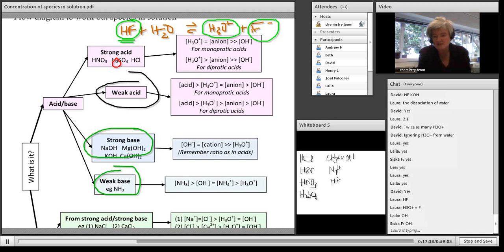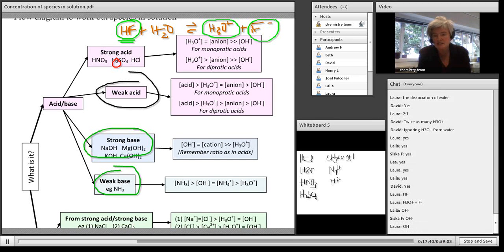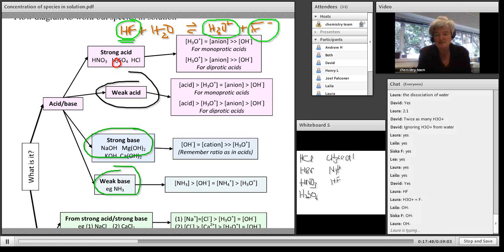The OH minus. Don't forget the OH minus, and again, always explain where it comes from. So don't just make the list and say OH minus is the least amount without saying where it comes from and why. You can say it's the least amount because it's from the dissociation of water, and the equilibrium constant for the dissociation of water is very small. 10 to the minus 14 is tiny.